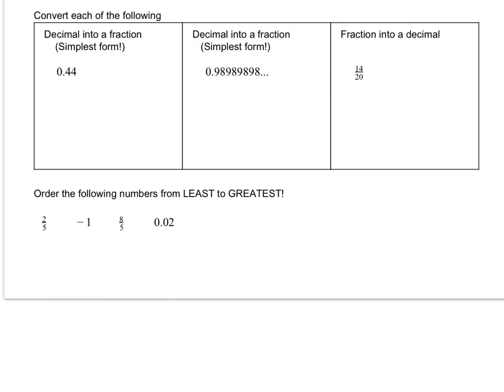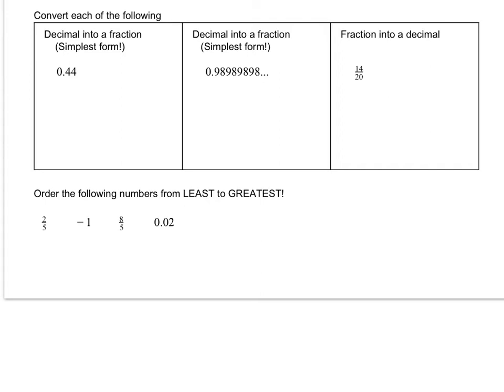What we are going to do next is we're going to convert each of the following. Again, if I am moving too fast, you can always pause because the name of the game here is if I am writing it on my study guide, you should be writing it on yours. Okay.